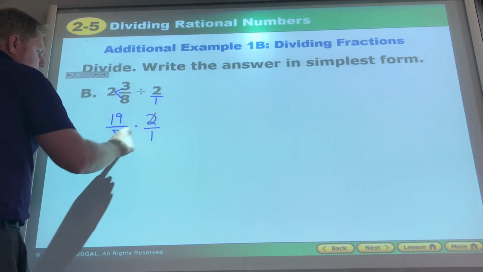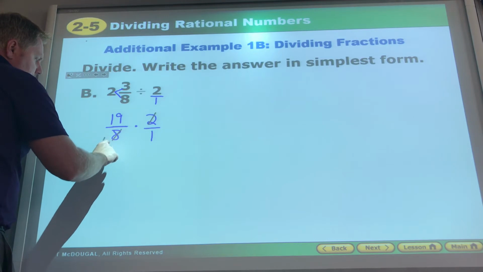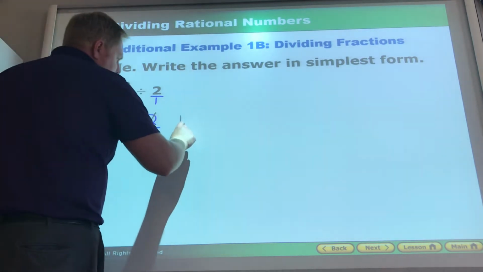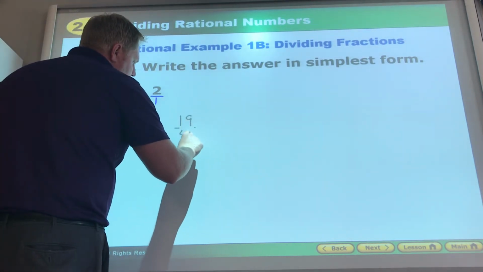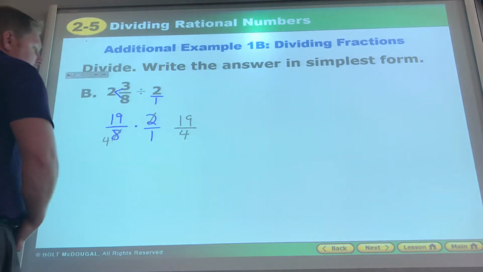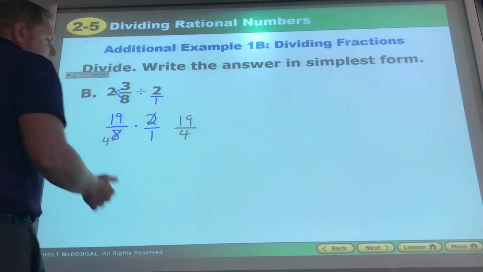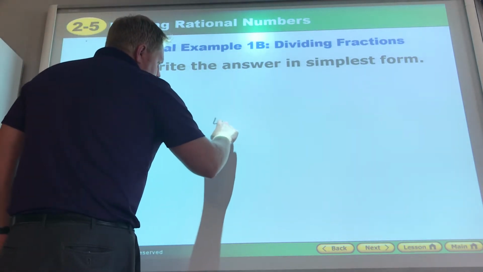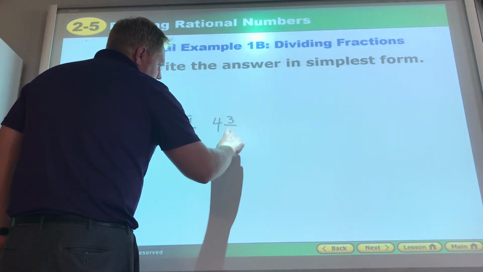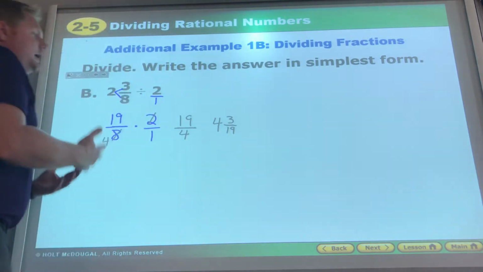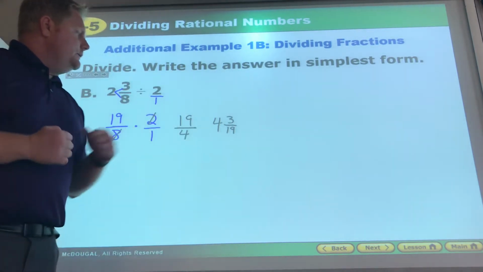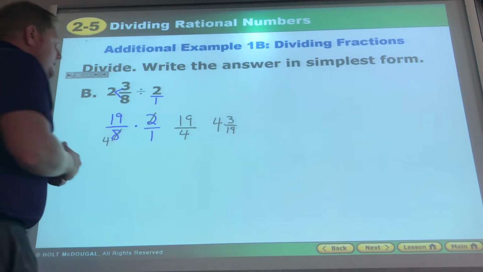Divide by 2, divide by 2, that's 4. 19/4, and I'm going to rely on you knowing how to turn it back into a mixed number. I'm going to do it and make it 4 3/19. And we have our answer, 4 3/19.